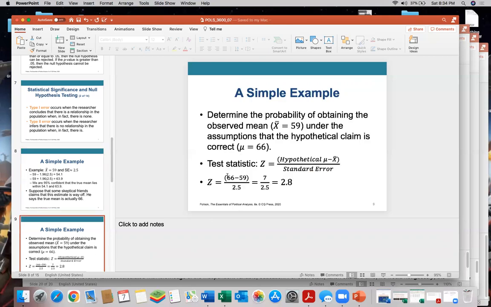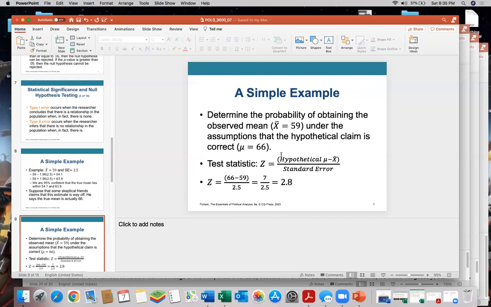And so here is where we use the Z statistic. We have the hypothetical mean minus the X bar. This 66 is what the other person is saying.